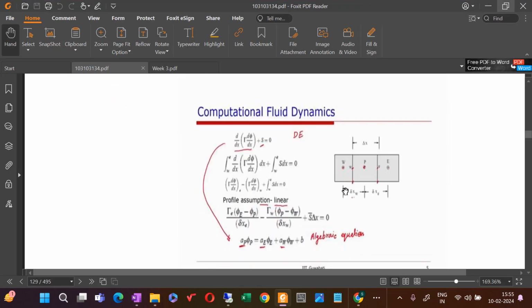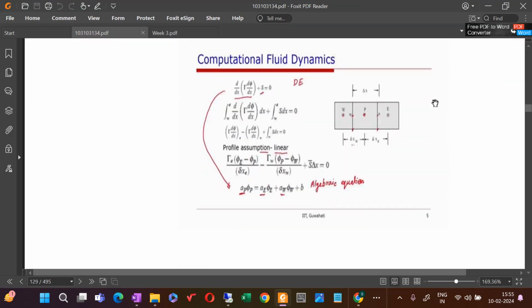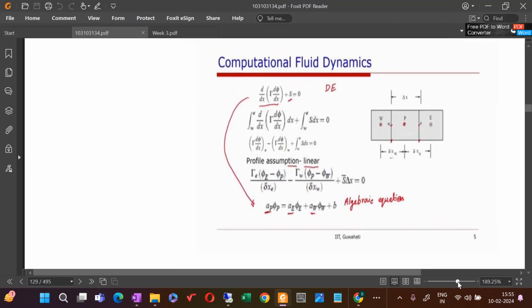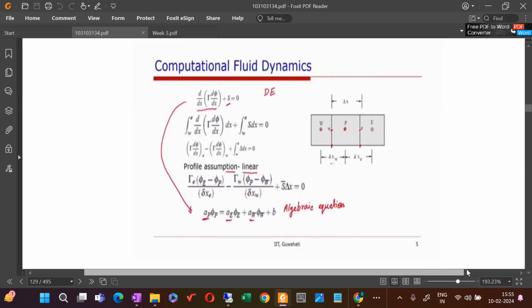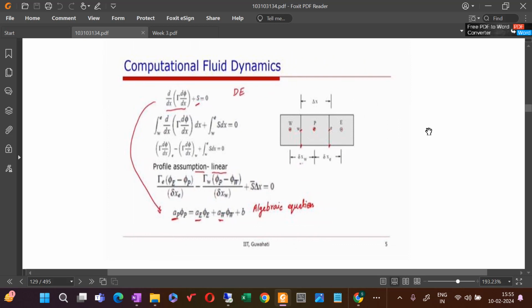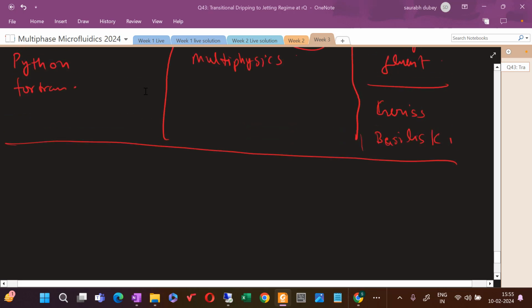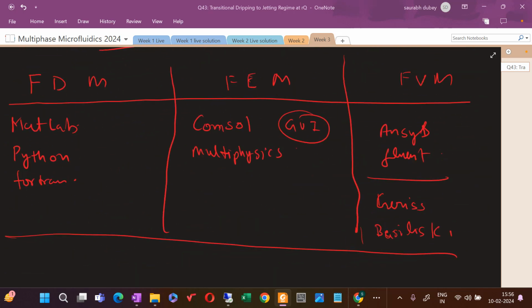For example, this one, you see it has been properly explained how FVM is applied assuming phi to be a linear function. Using the discretization methodology, FVM, you finally get from the differential equation to the algebraic equation. That is done. And the next step, last but not the least, is solving the equation.